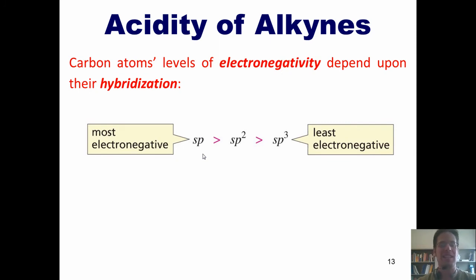It means that the electrons are going to be sucked more tightly than they would in an sp2 or an sp3 orbital. That ultimately means, once again, that an sp hybridized carbon atom is more electronegative, that is, it sucks electrons towards itself more, than an sp2 hybridized carbon, which is more electronegative than an sp3 hybridized carbon.